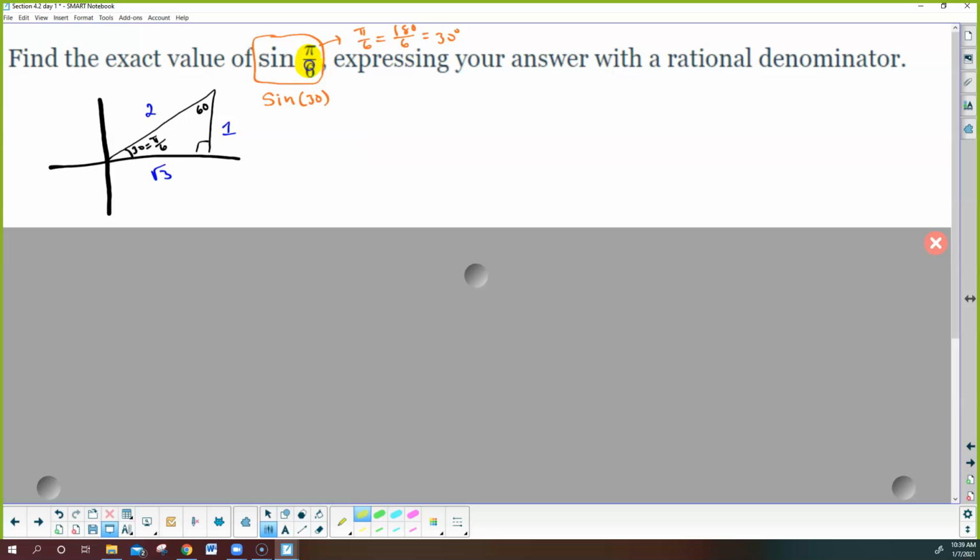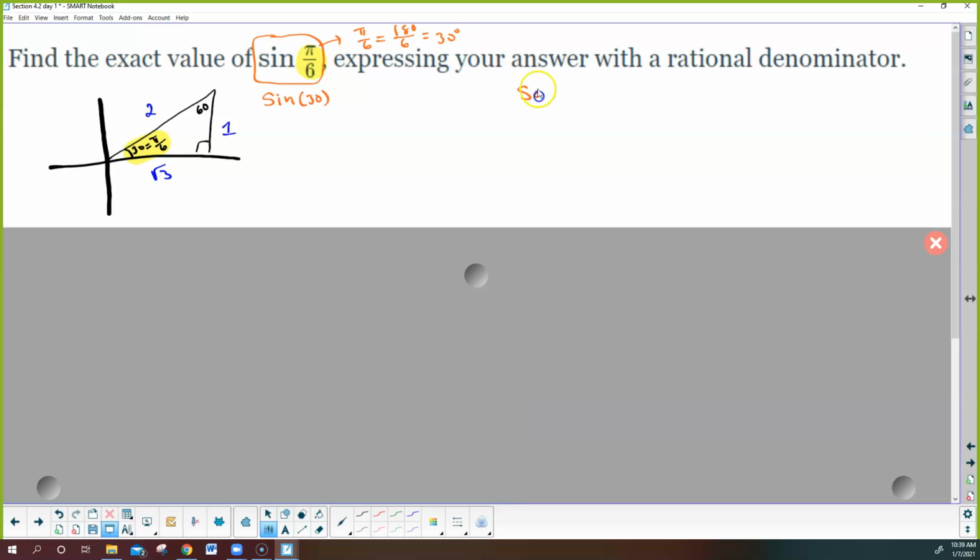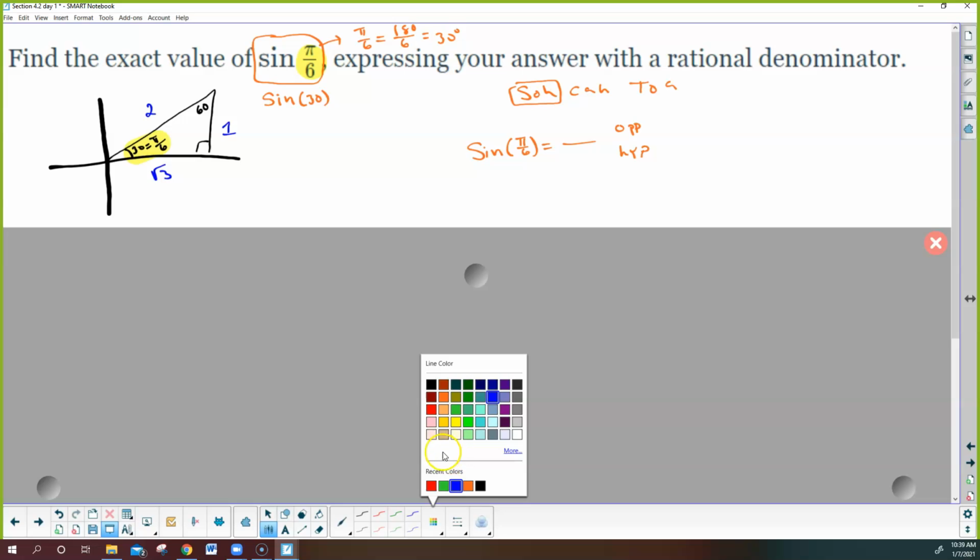So now the question is what is the ratio of sine at pi over 6? Well, SOH CAH TOA tells me what sine is. I just need the opposite side over the hypotenuse, and we're done.